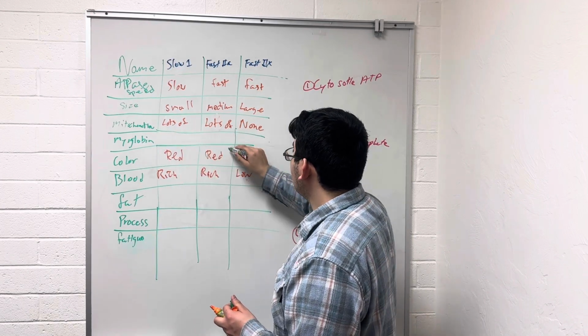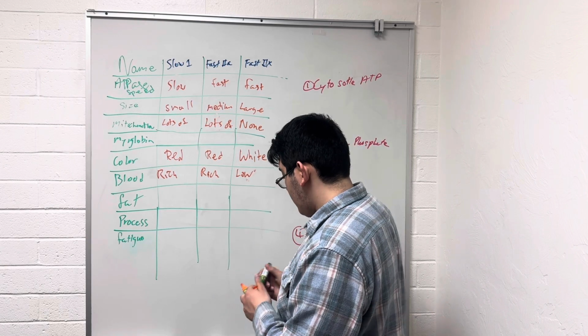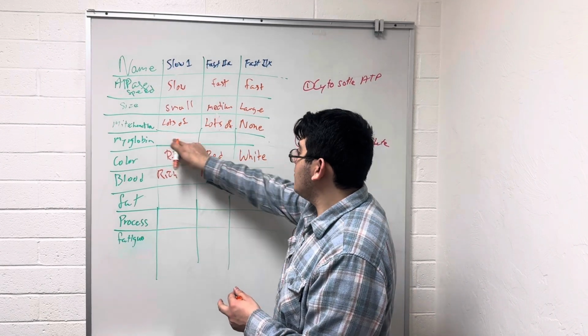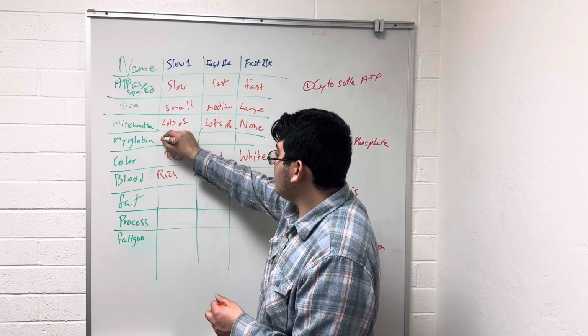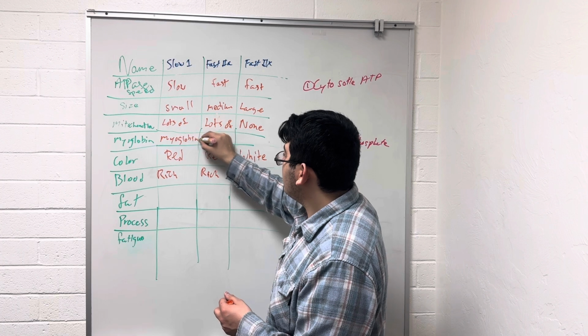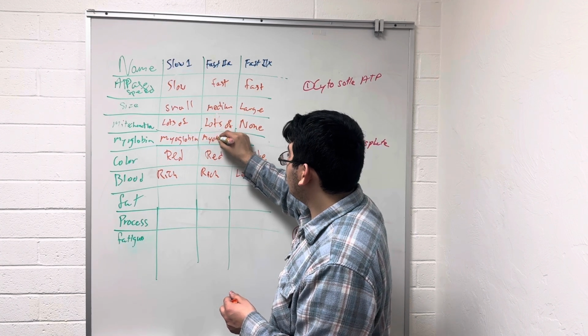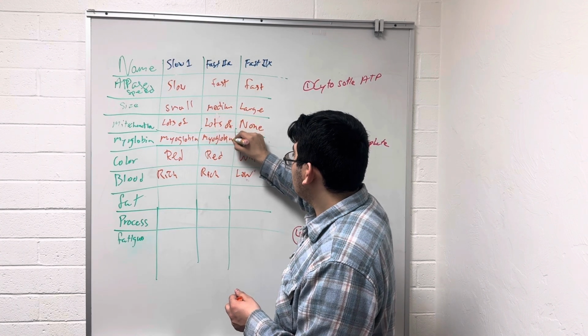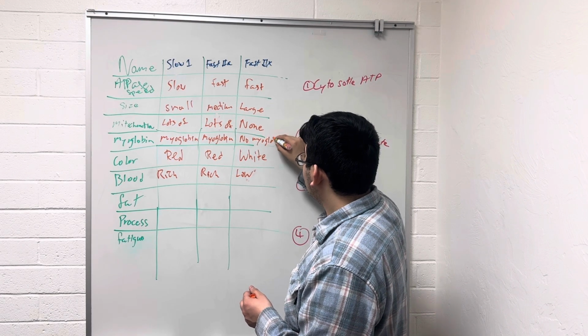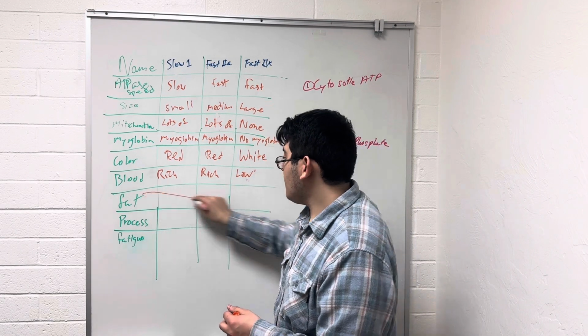Myoglobin is the color of blood. So myoglobin here, this part has myoglobin. Same for here, it has myoglobin, while this one has no myoglobin.